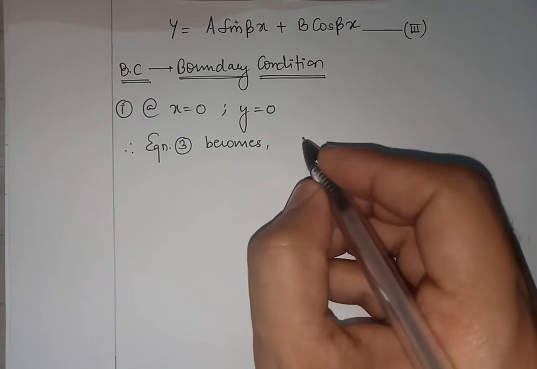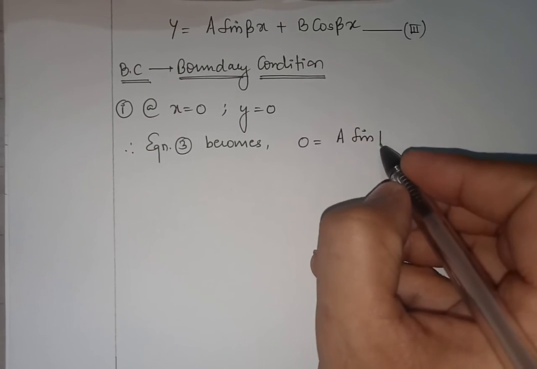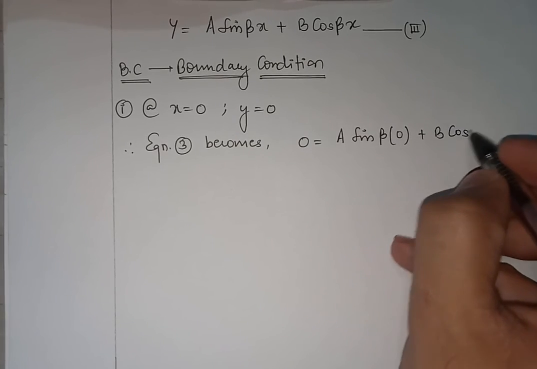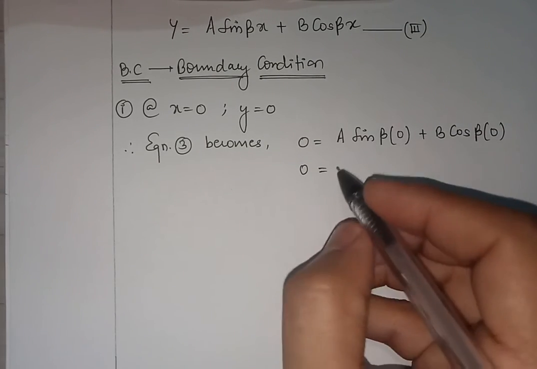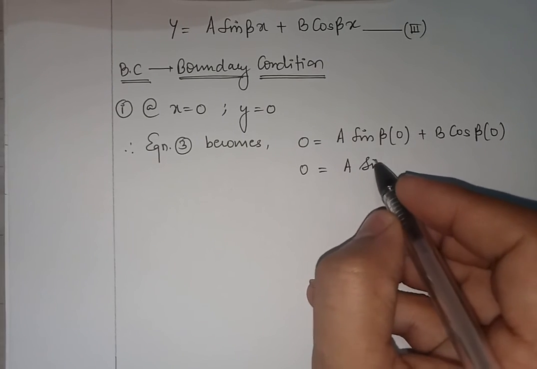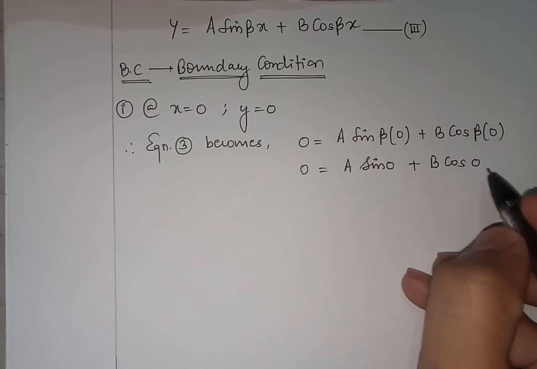So on the left hand side it will be 0. A sin β into 0 plus b cos β into 0. So 0 is equal to a, β into 0 is 0, so this is sin 0, plus b cos β into 0 is 0.